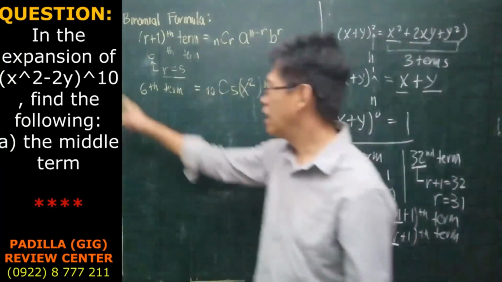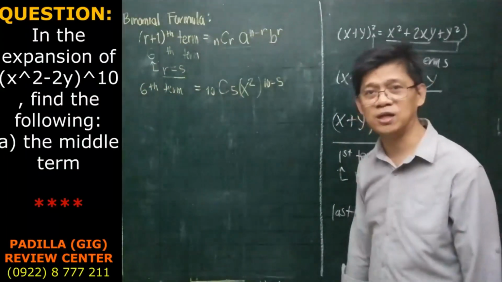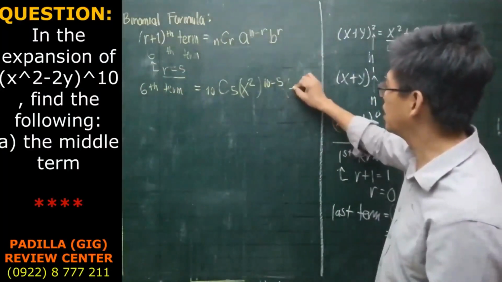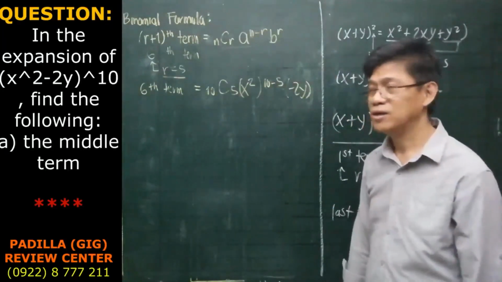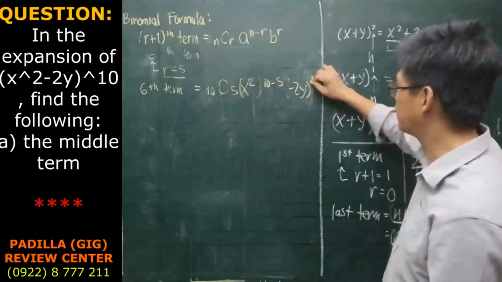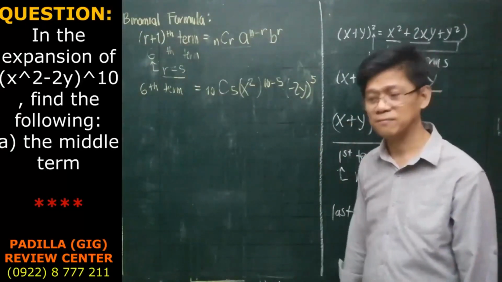B is minus 2y. Include the negative in your B. So, negative 2y to the r. Your r is 5. All we need to do is simplify this.